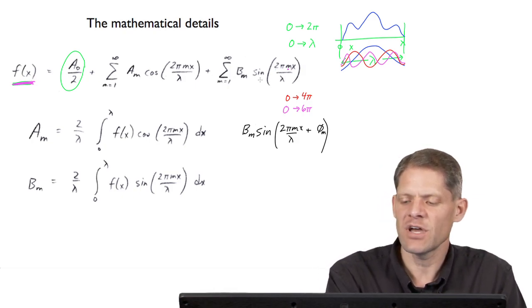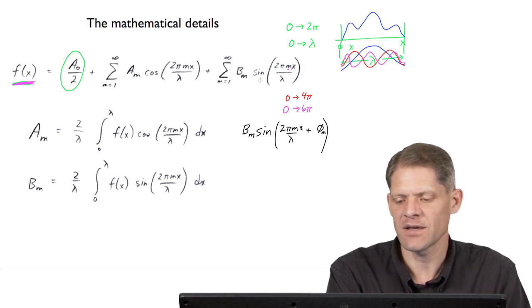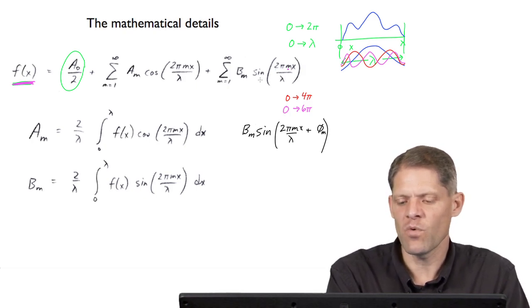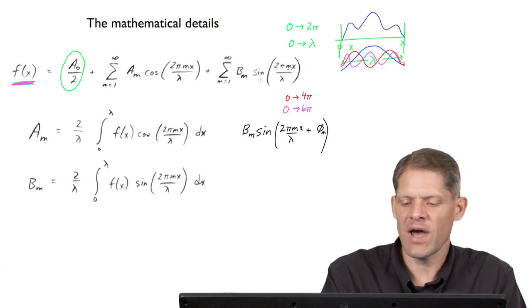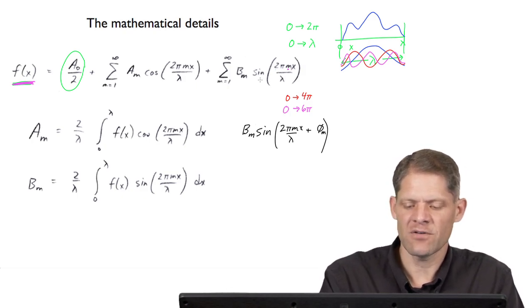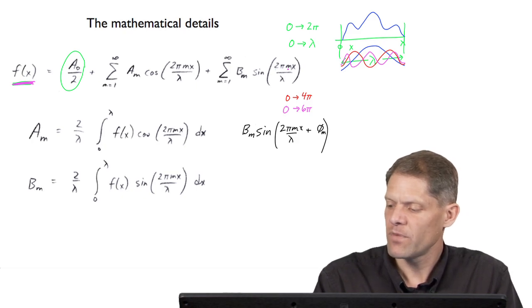But these sine and cosine waves are closely related because where m is equal to 1, they each have the same frequency.